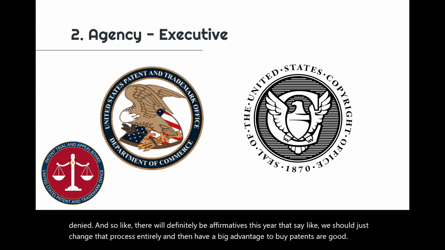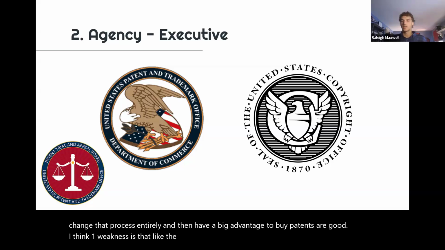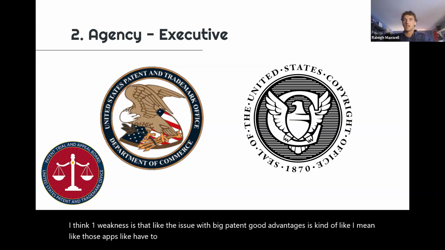Yeah, that makes sense. What weaknesses do you think the affirmatives have? I think one weakness of big patents-good advantages is that they are prone to a lot of patents-bad arguments.